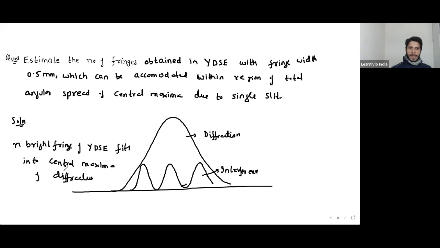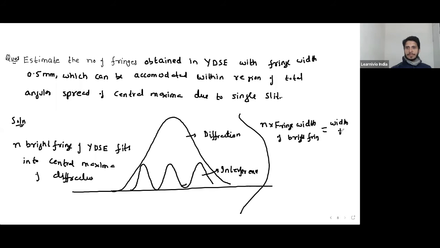If n bright fringes fit into the maxima of diffraction, that means n times the fringe width of a bright fringe is equal to the width of the central maxima.